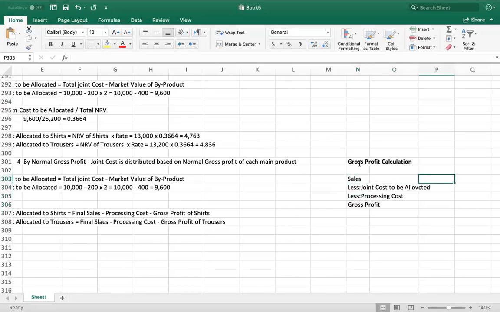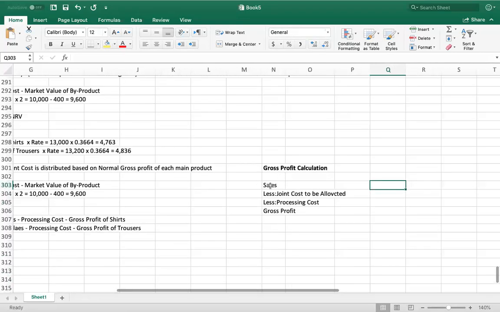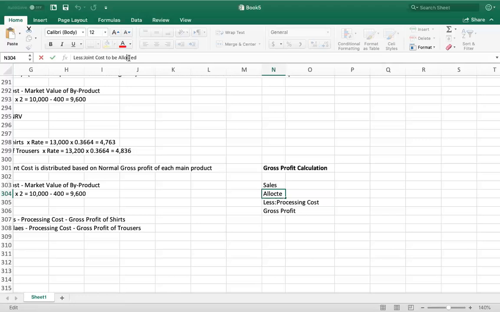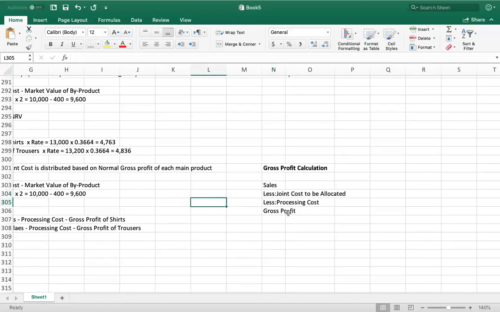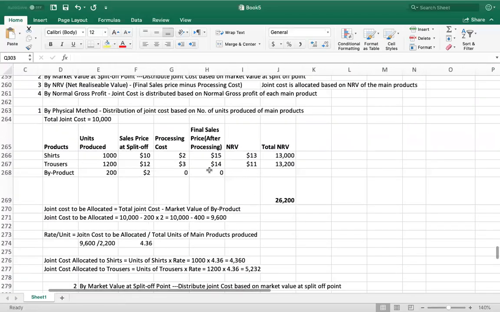Okay, so for example, total sales, final sales, is how much? First we will see total sales minus joint cost to be allocated, minus processing cost, that is equal to gross profit. Can you tell me what the final sales is? Final sales is 15 per unit, and how many units? 1,000.